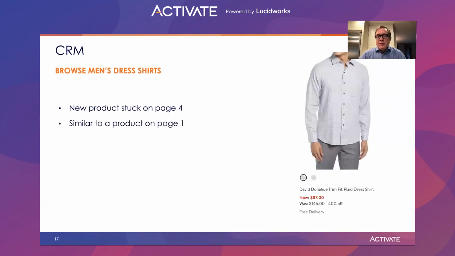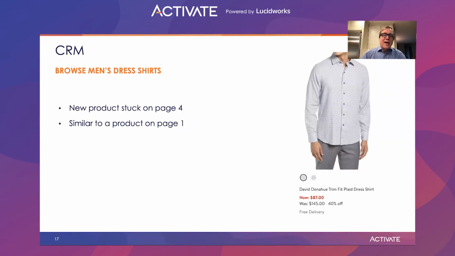Well, one idea is that we have a similar shirt on page 1 that does have signals. And bear with me here, I know this shirt isn't a great example of similarity. The price is quite a bit different, but let's just pretend it's very similar.